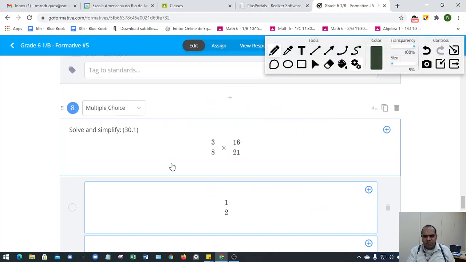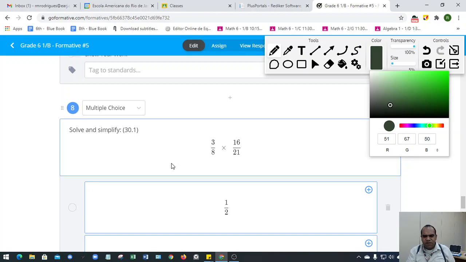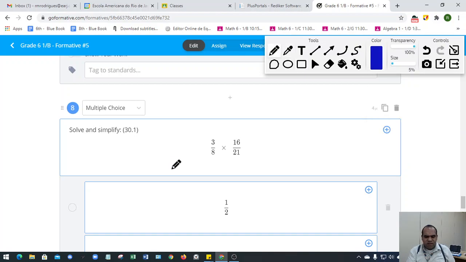Let me clean this one. To solve and simplify, guys, what do you have to do? First, you just multiply straight across. But before you multiply, simplify if possible. 21 and 3, I can simplify, divide by 3. It is 7 and 1 right now.